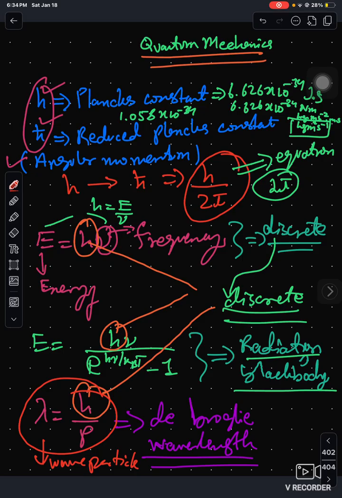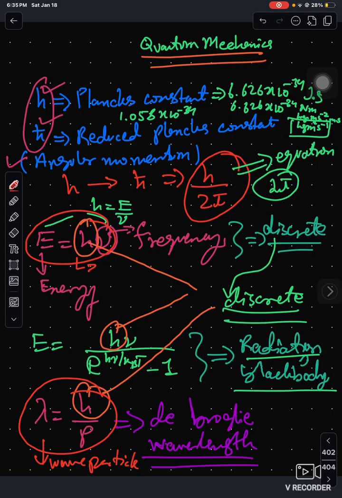And this one is governing the wave-particle property of light or particles. The equation itself shows the relationship between a photon's energy and its frequency. It's not only photons, it can be other particles as well, but it's taken as a photon's energy associated with its frequency.